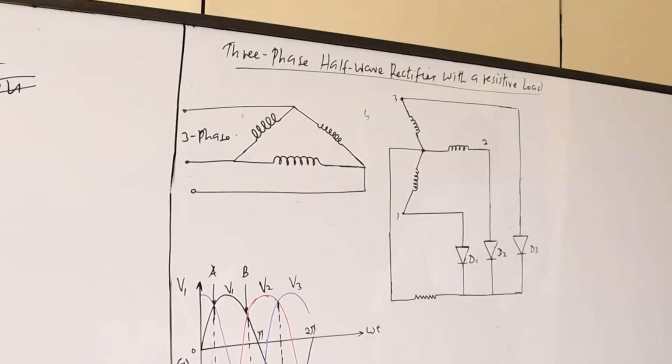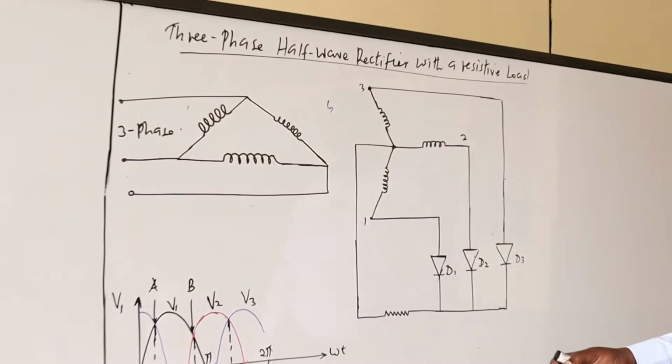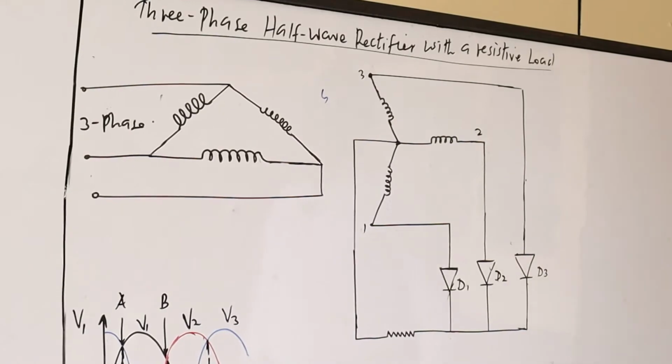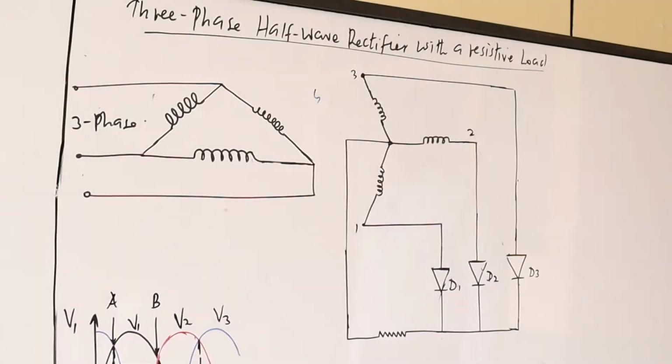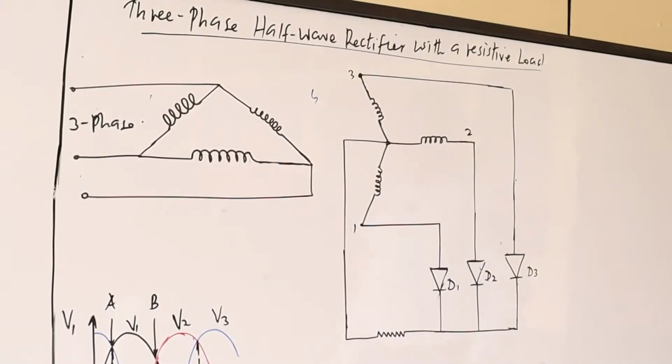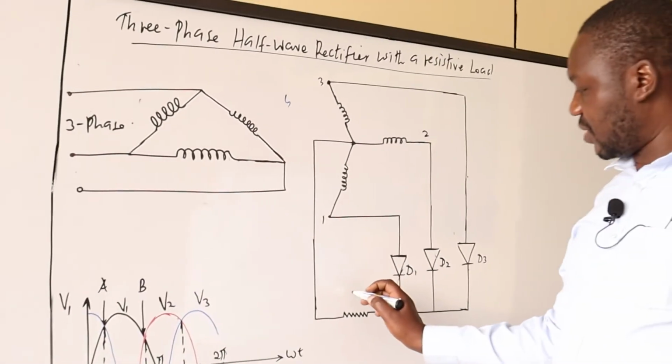So here is our diagram for the three-phase half-wave rectifier with a resistive load. This is our resistive load here.